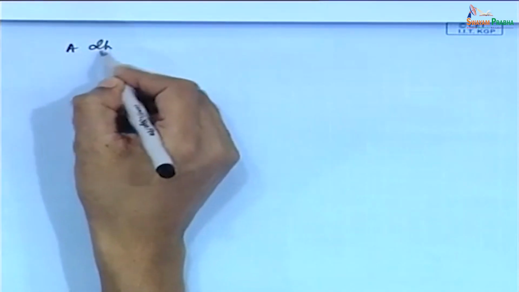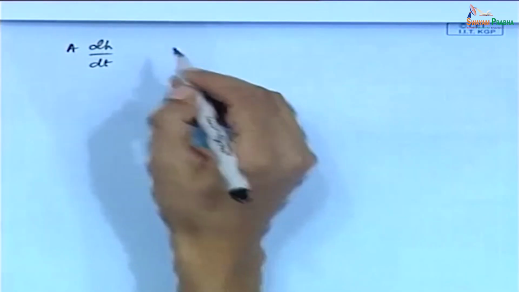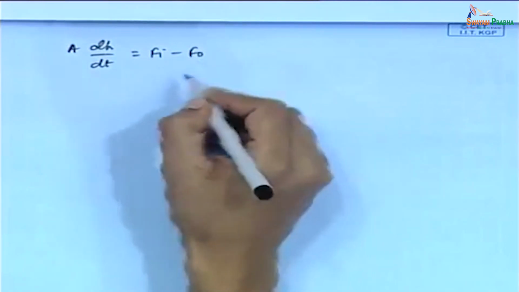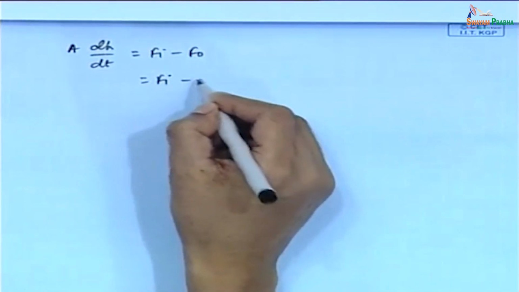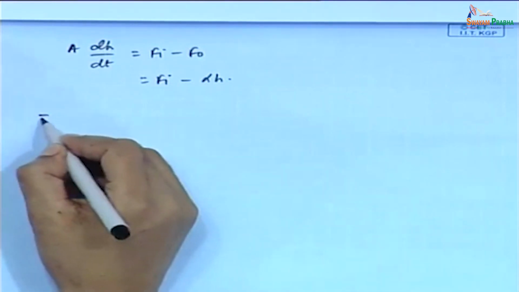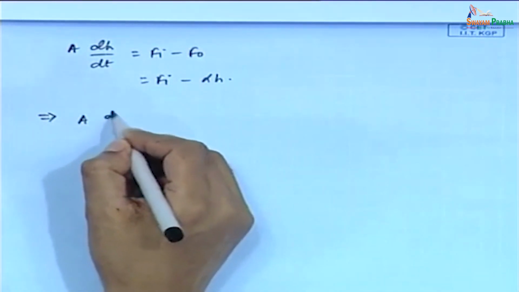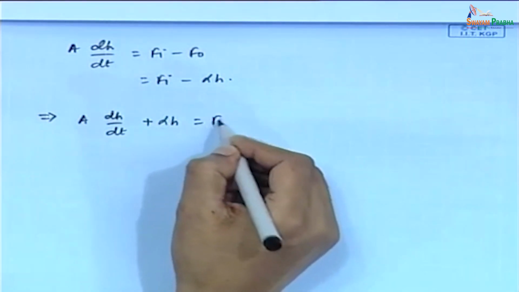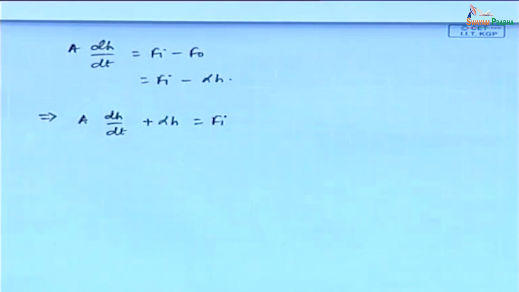A dh dt equal to f I minus f naught equal to f I minus alpha into h. So, A dh dt plus alpha h equal to f I.